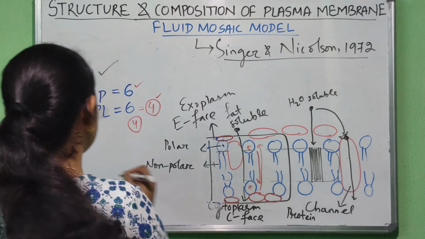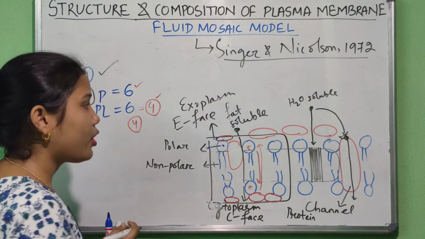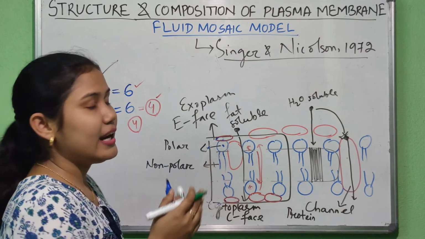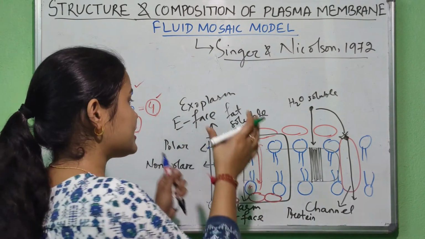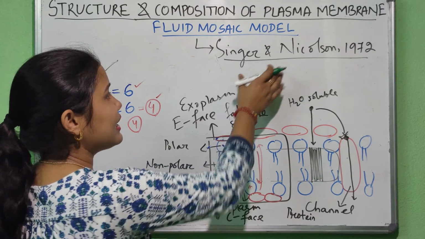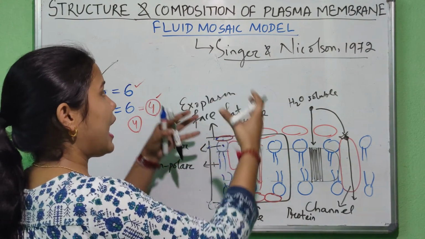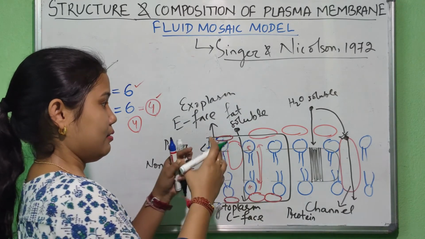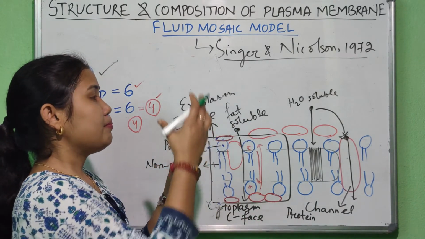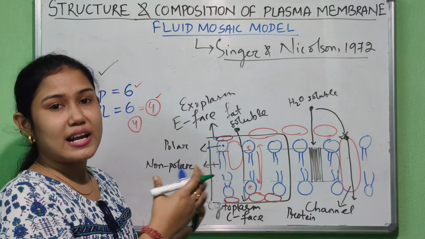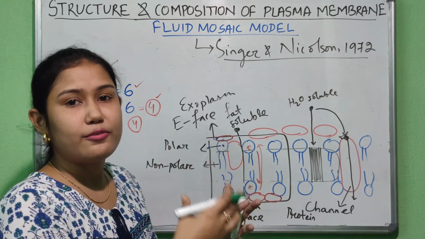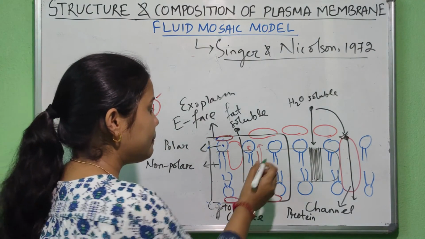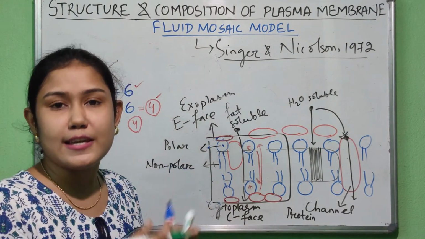Okay. Then, the third point is about the fluidy nature of the plasma membrane. As I have already discussed, to describe that, Singer and Nicolson told that in our model, the proteins and lipids are arranged in such a manner that the proteins are compared with the icebergs and the lipids are comparable with the sea.